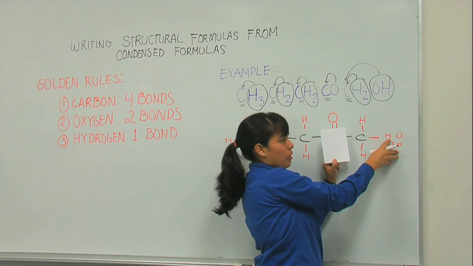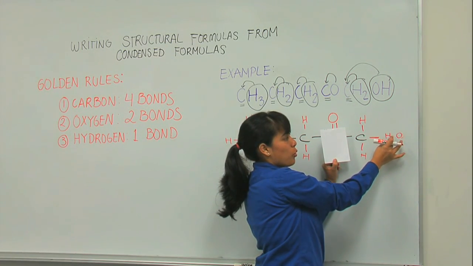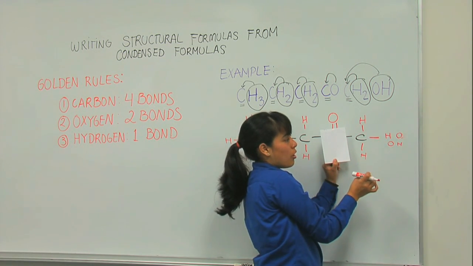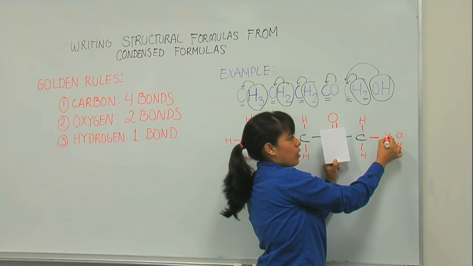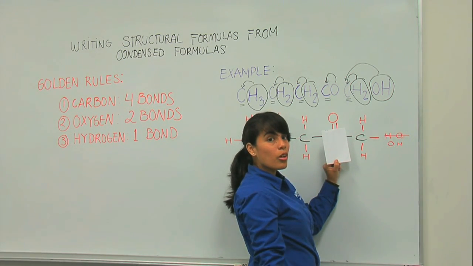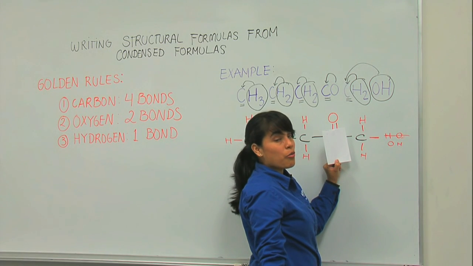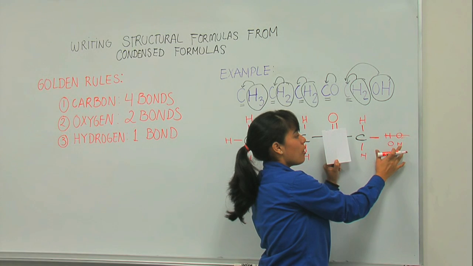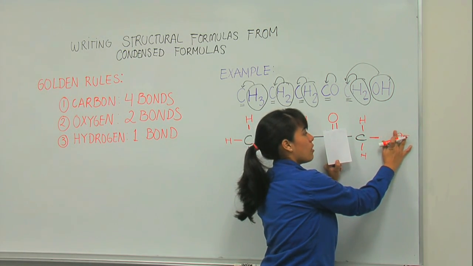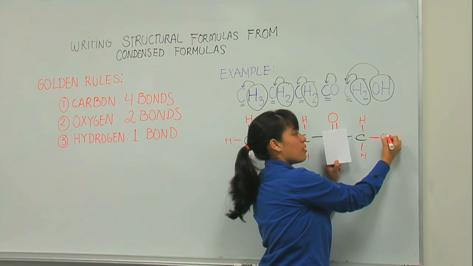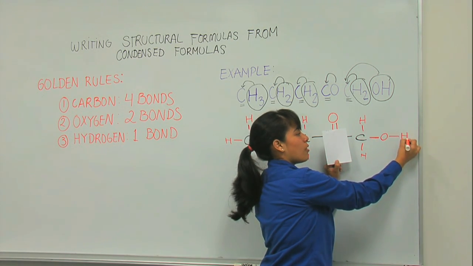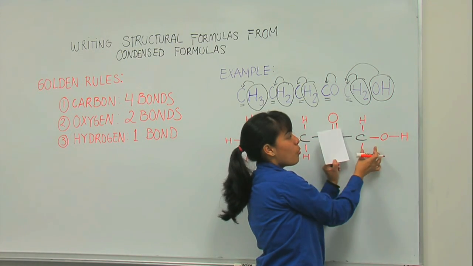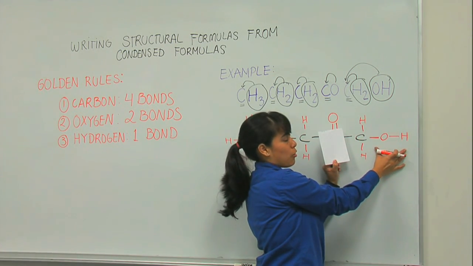Now the problem if I put it this way is that hydrogen would be bonded on 2 sides, on one side to carbon and oxygen on another side. So this can't be an option because hydrogen can only have 1 bond, right? And oxygen must have 2. So the correct way to put it is the other one, in which oxygen is in the middle and hydrogen is outside. That way my oxygen atom has 2 bonds and hydrogen has 1, while my carbon has 4 bonds. So this is the correct structure.